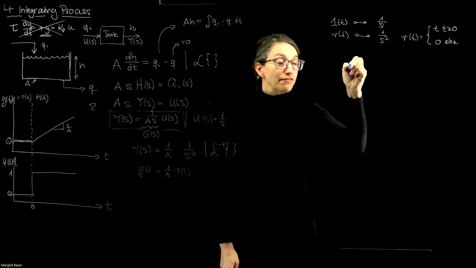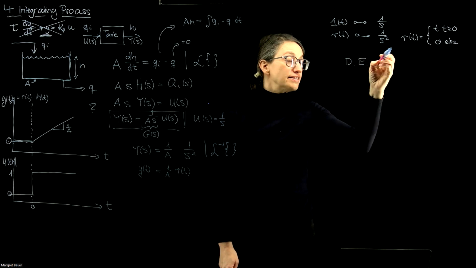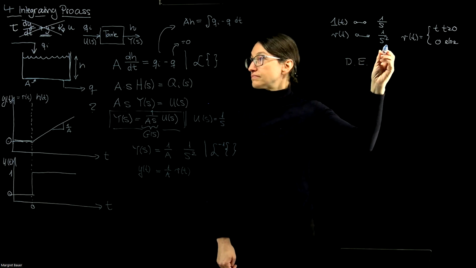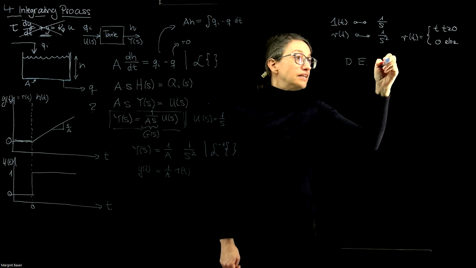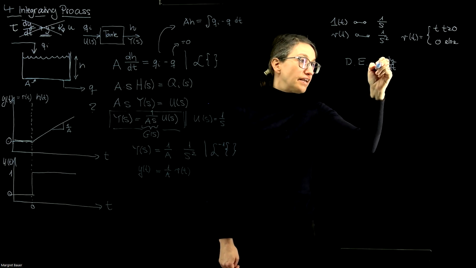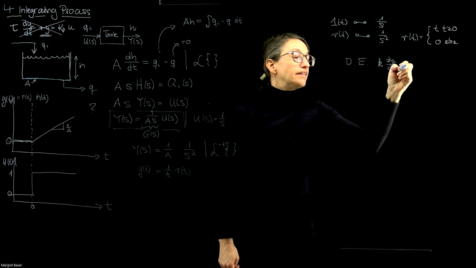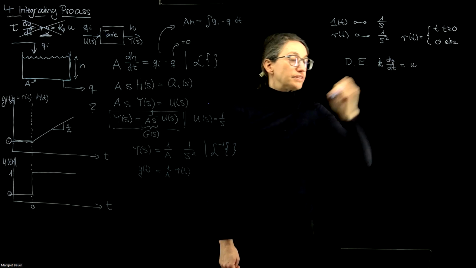Okay, so what do we know about an integrating process? We have the differential equation, which is dy over dt times a factor, let's call the factor k, and that equals our input signal.